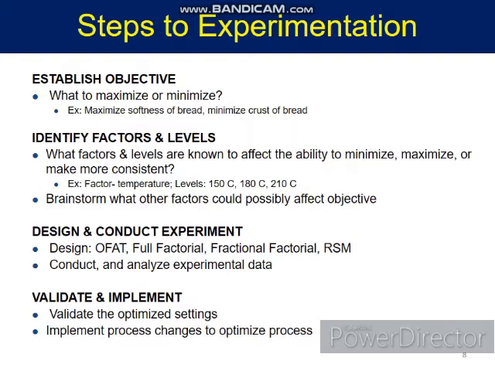Okay. So the second step is to identify the factors and levels. What factors and levels are known to affect the ability to minimize, maximize, or make things more consistent? So whatever process you have, you have to identify these factors and levels.